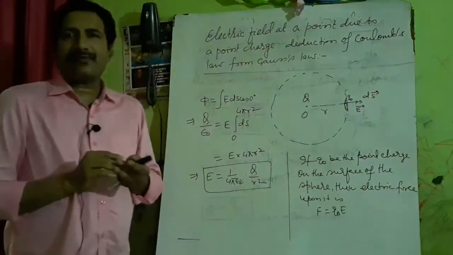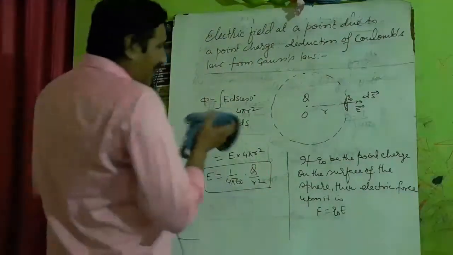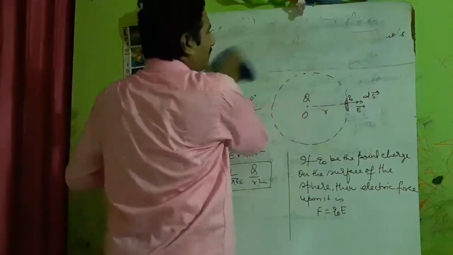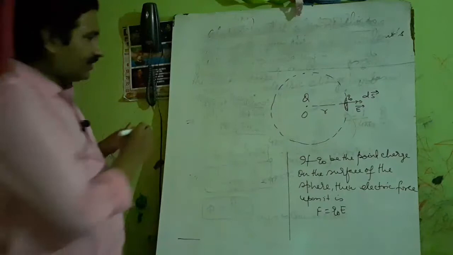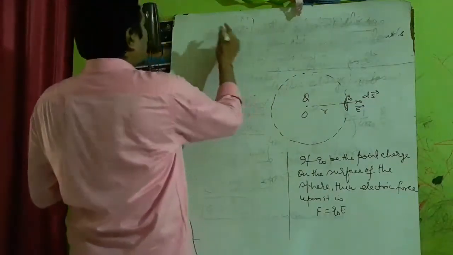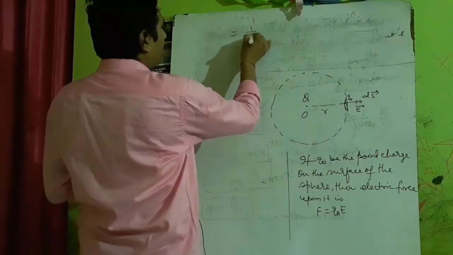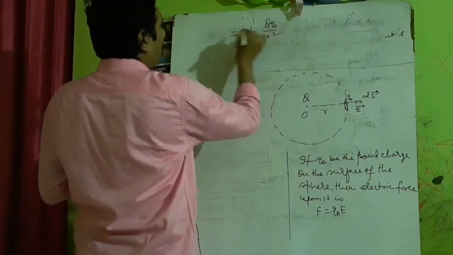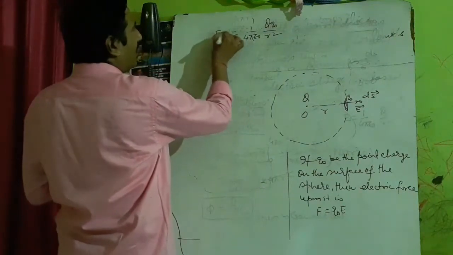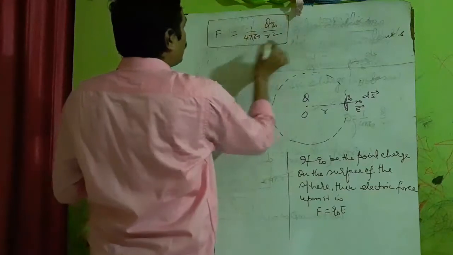You already know F is equal to q naught E. Now put the value of E in that expression. Value of E is equal to 1 by 4 pi epsilon naught q by r squared, so F is equal to 1 by 4 pi epsilon naught q q naught by r squared. You know this is somehow related to Coulomb's law.